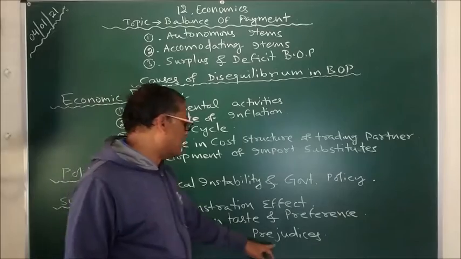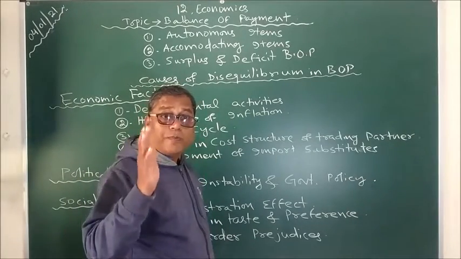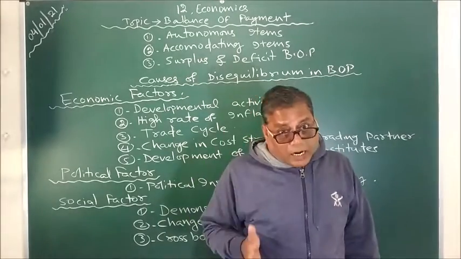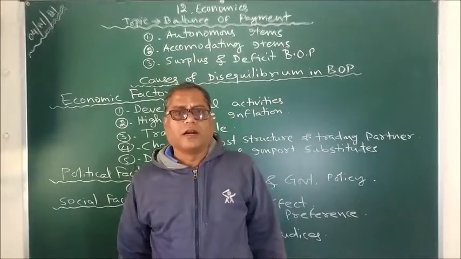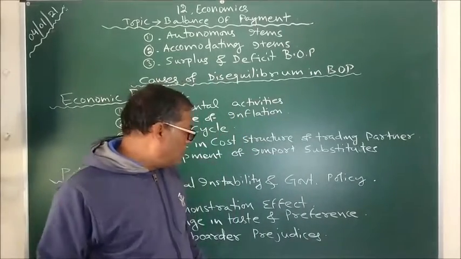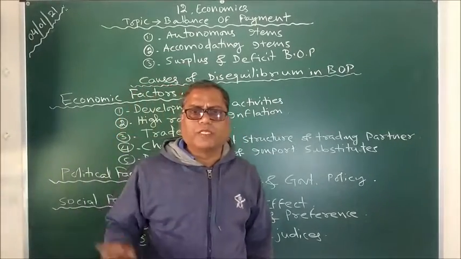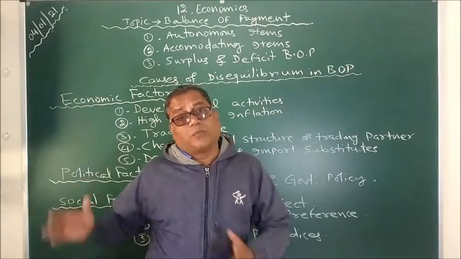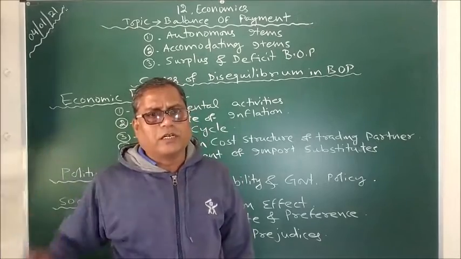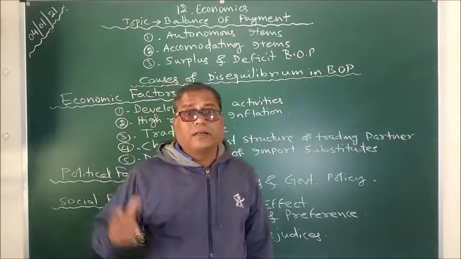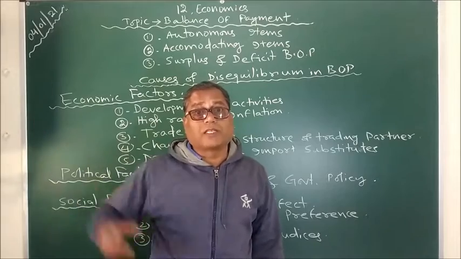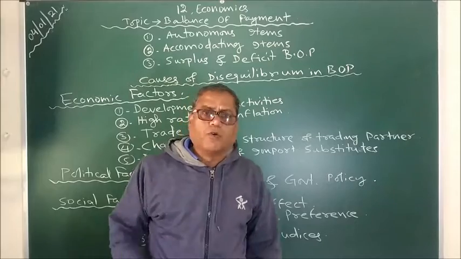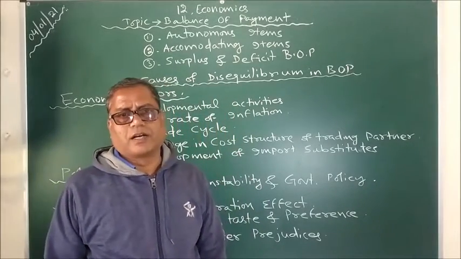Then cross-border prejudice. Cross-border prejudice is more a political factor than a social factor. Let me explain why and how. Suppose we have cross-border prejudice with our neighbor Pakistan. Pakistan has plenty of onion, and we can buy onion from Pakistan at the rate of 10 rupees per kilo, but we don't have a friendly relationship with Pakistan.